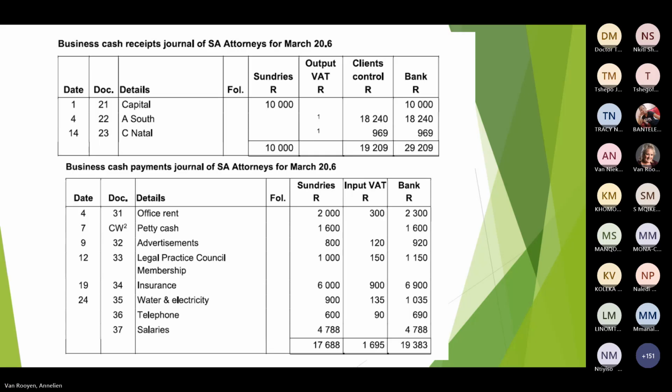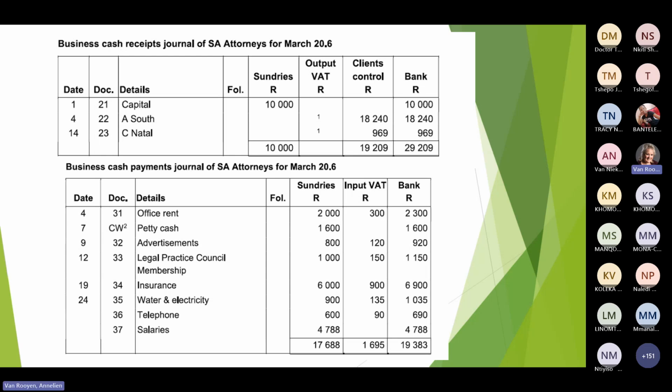Komotso? Good evening, ma'am. Hello. Ma'am, really quickly, for the cash payments journal, do we add a client's control column or not? And if so, what do we add in it?